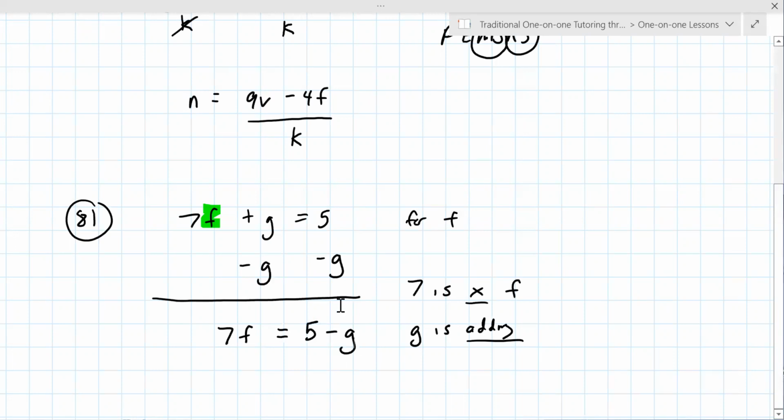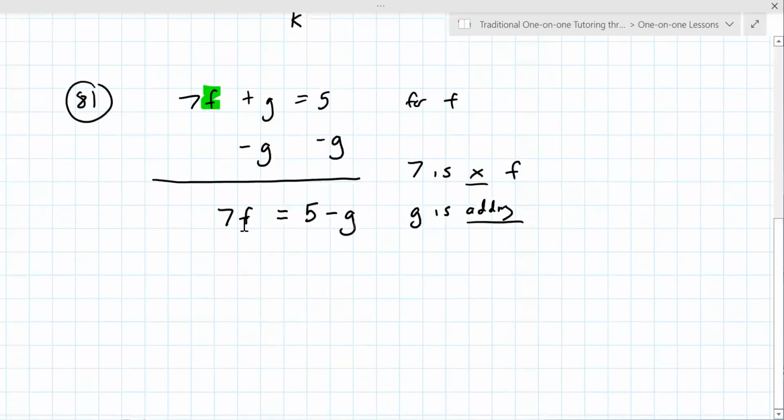They're not the same. And then from here, you undo multiplication by 7 by dividing by 7. Divide both sides by 7, and f equals 5 minus g, over 7.